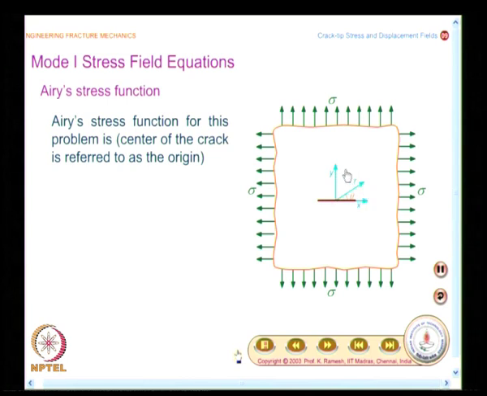And when I refer to a point in the domain, we are not referring to it in terms of Cartesian coordinates x comma y, we are referring to it in terms of r comma theta. Why do I do this? When I have complex numbers, it is easier to represent it in terms of r e power i theta. So, I will have only Cartesian stress components expressed in terms of r and theta.